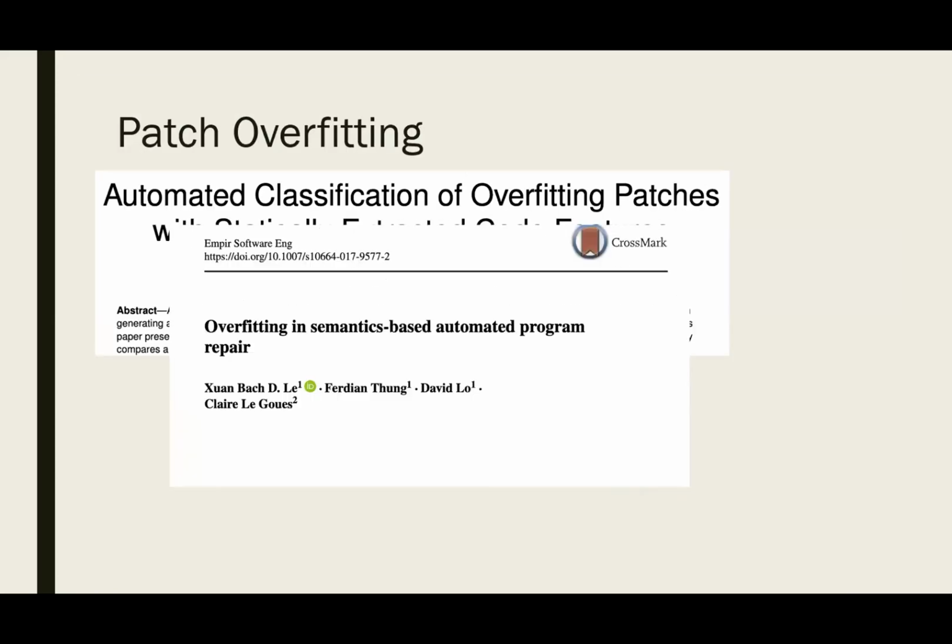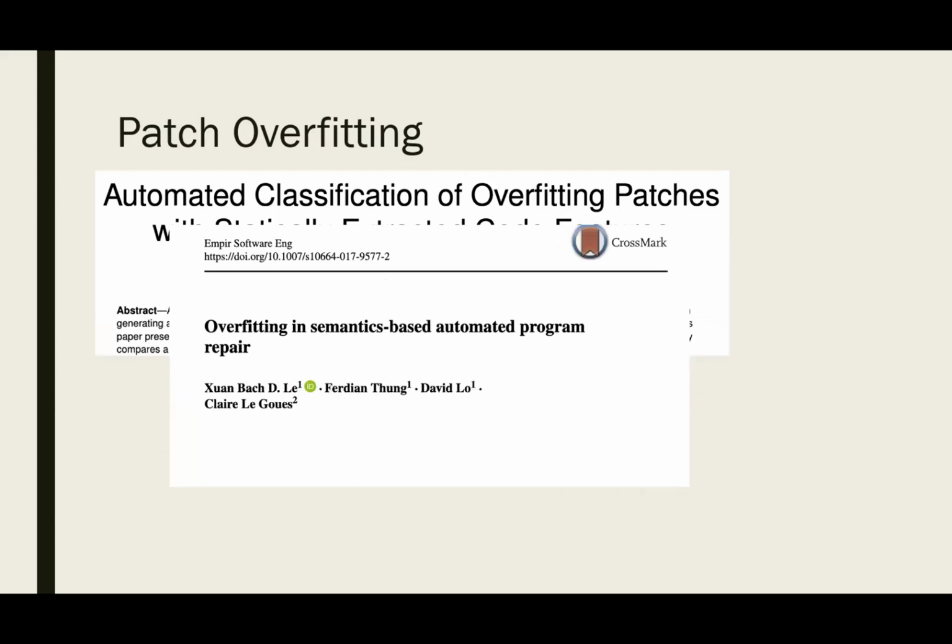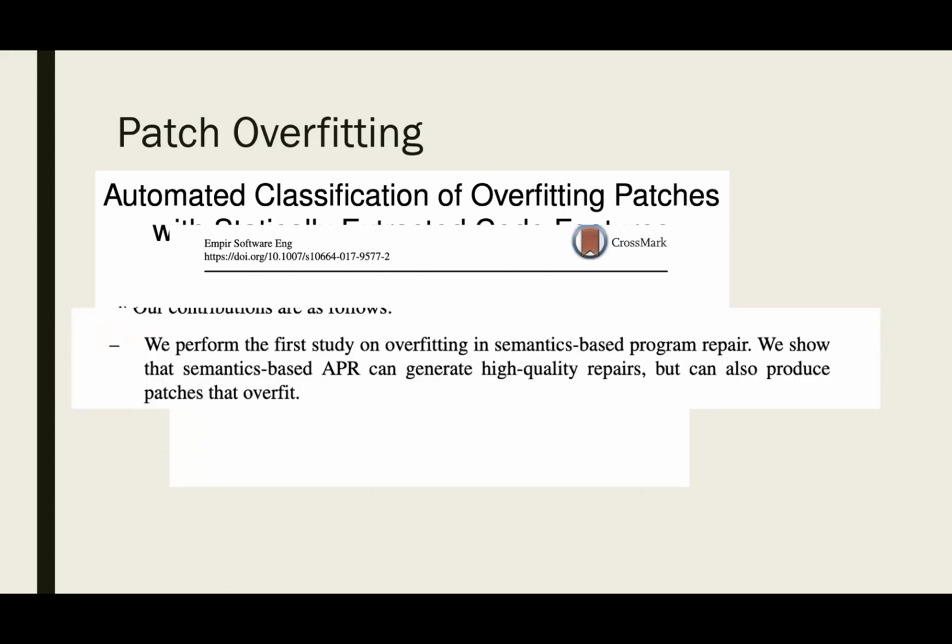There's also been a bunch of work, and I'm just showing a few things, on patch overfitting. This one here is kind of interesting because it talks about overfitting in semantics-based program repair. It says, we performed the first study on overfitting in semantics-based program repair. We show that semantics-based APR can generate high-quality repairs, but can also produce patches that overfit.